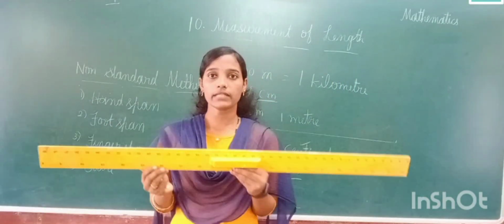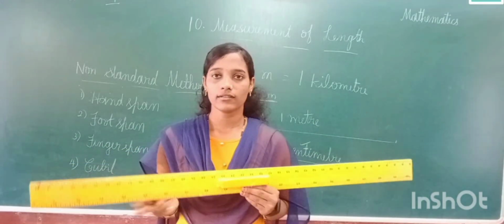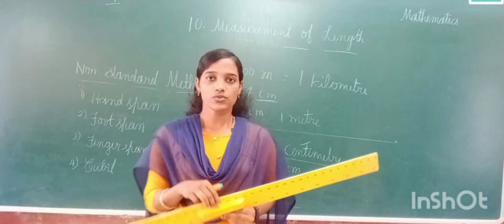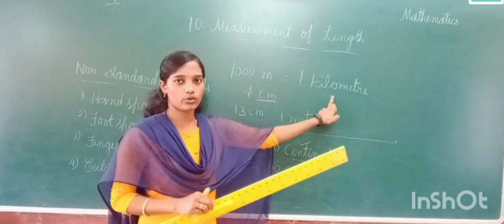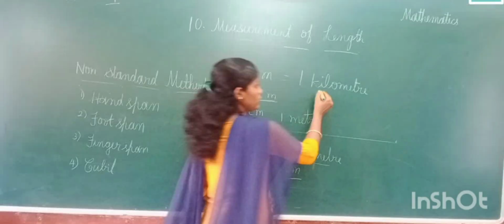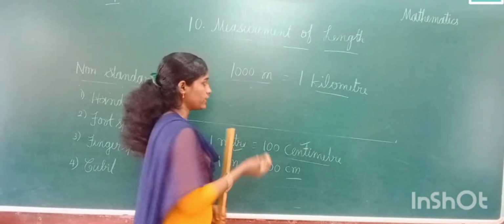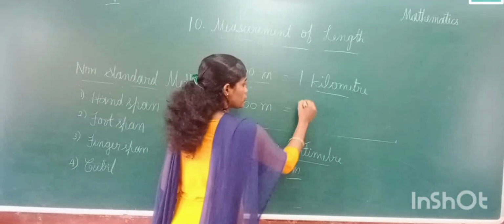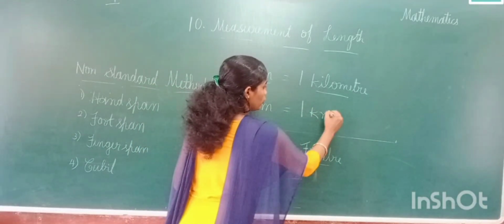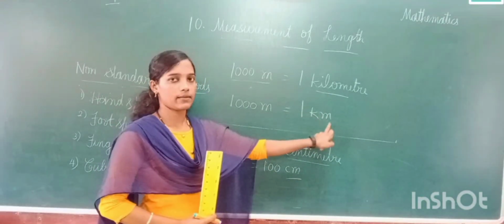So 1000 meters were added and the resulting unit was named 1 kilometer. The symbol of kilometer is km. So we can write 1000 meter is equal to 1 kilometer. We can write kilometer as km.